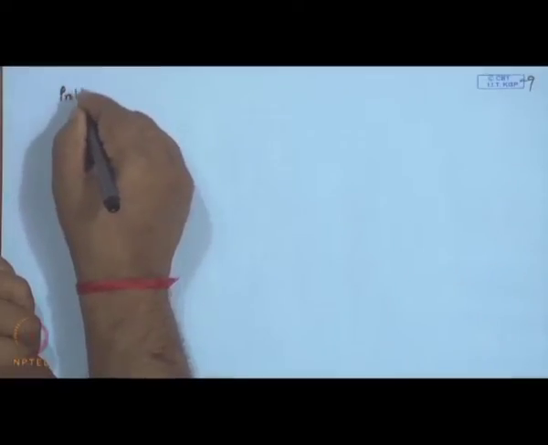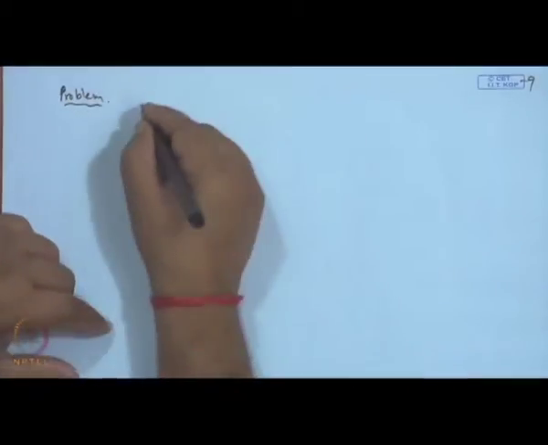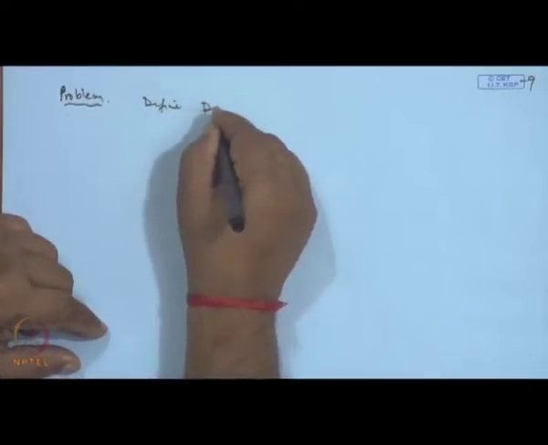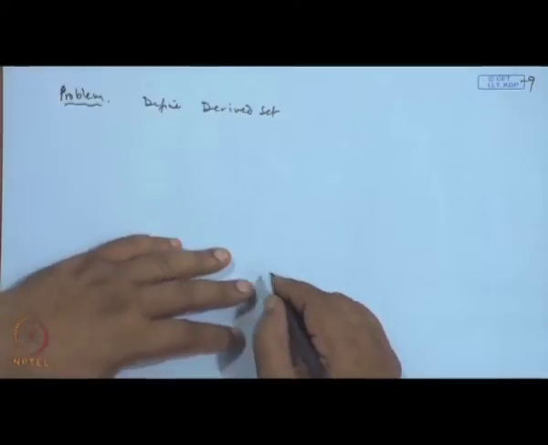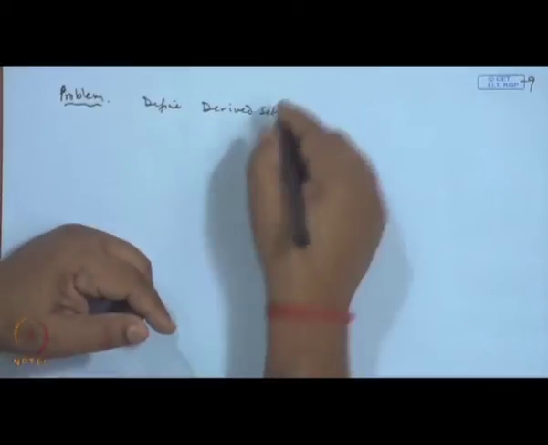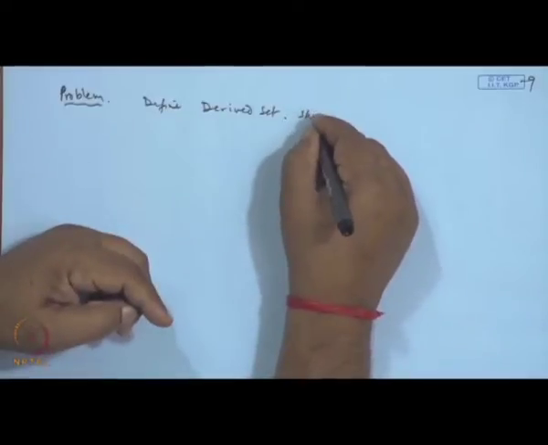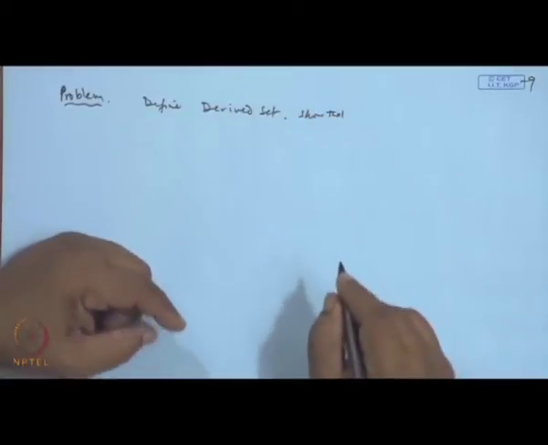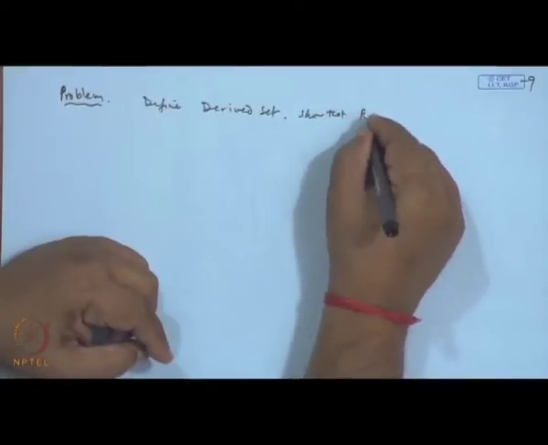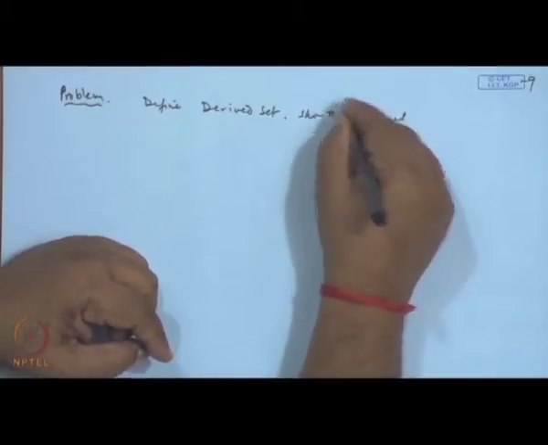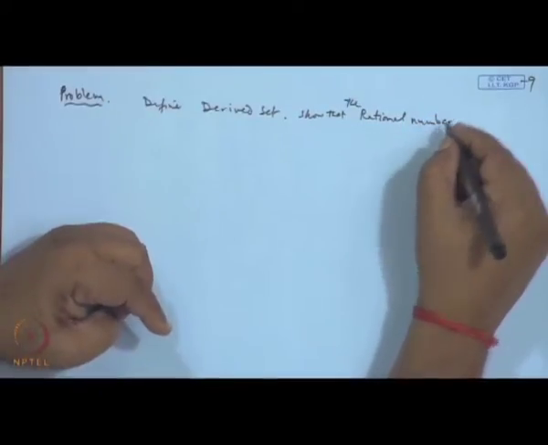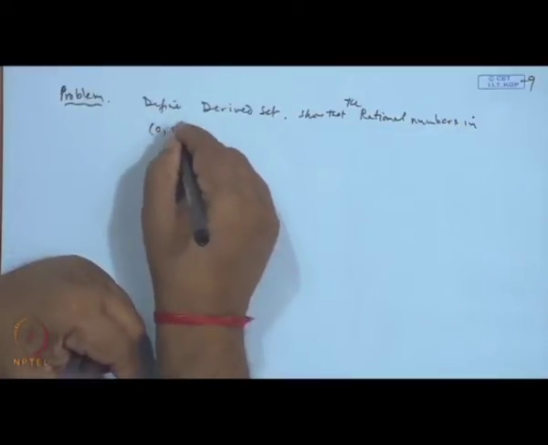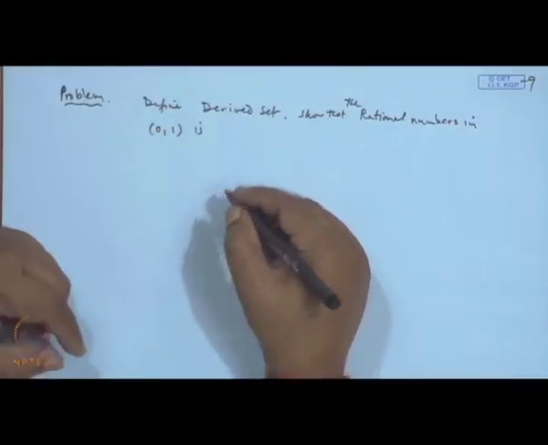Define derived set and show that the rational numbers in [0,1]... the rational numbers in the interval [0,1] form a set of second species.